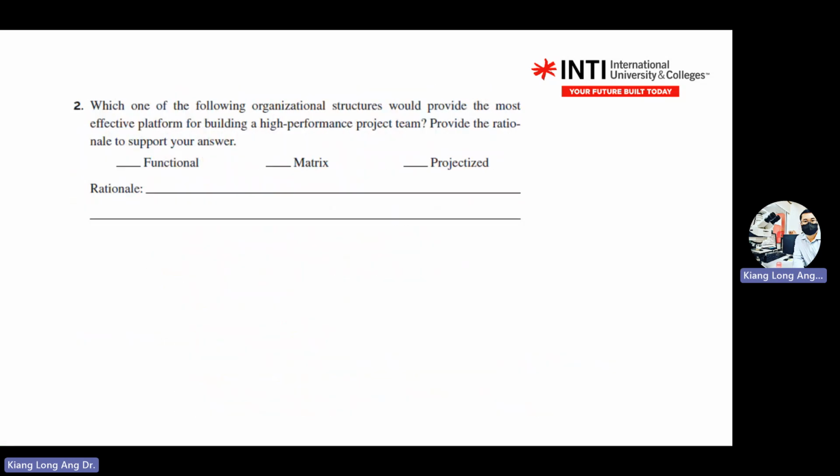Okay, number 2. Which one of the following organization structures would provide the most effective platform for building a high performance project team? Here, the keyword is high performance project team. Provide the rationale or reason to support your answer. Here, functional means traditional, matrix, and project based or product based.